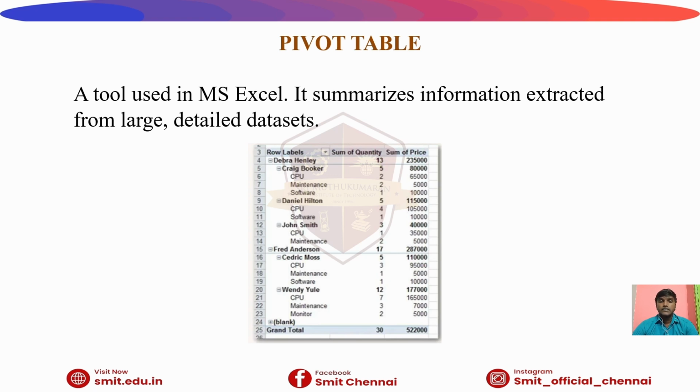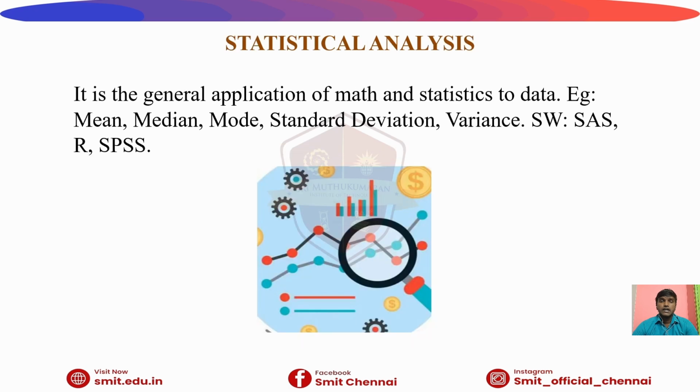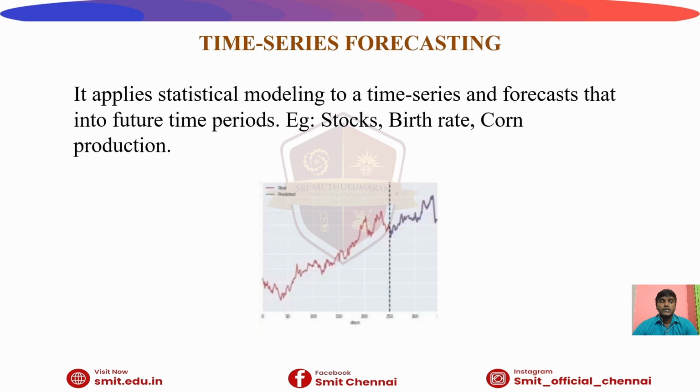Next we will see about statistical analysis. The science of collecting, exploring and presenting large amounts of data to discover underlying patterns and trends. Then time series forecasting, using historical time stamped data to make predictions about future values, common in sales, weather, and stock market analysis.